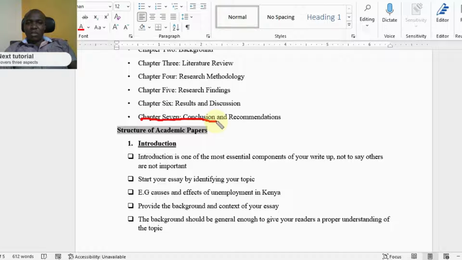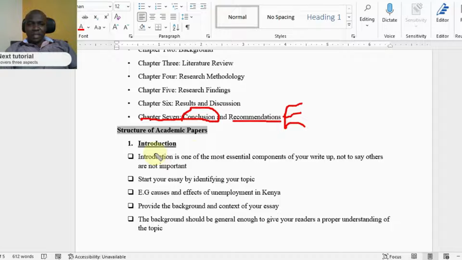You give a summary of what you have discussed. Then you provide some recommendations, maybe for future studies. Perhaps there are some aspects you didn't cover, maybe from the limitations and challenges you experienced. What do you want research in the future to cover? This is where you discuss that.